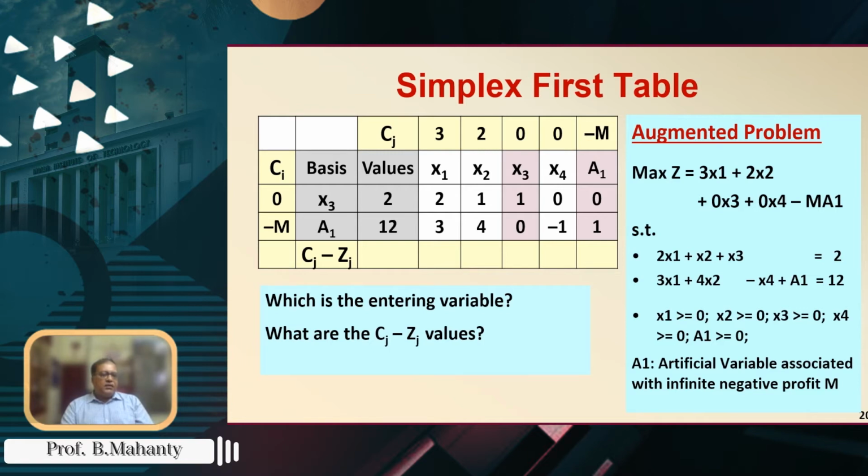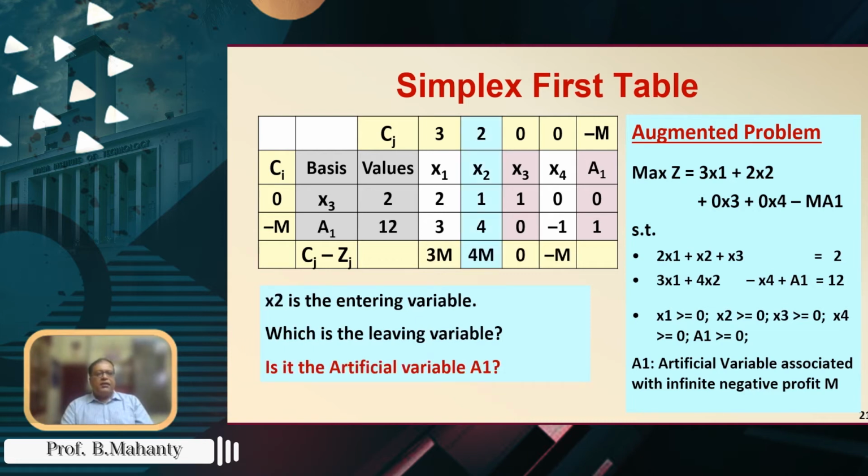Minus 3M, that is the Zj. So Cj minus Zj will be 3 plus 3M. And it is minus 4M, so Cj minus Zj will be 2 plus 4M. And for x4, Zj is M, so Cj minus Zj will be 0 minus M, so minus M. Alright, so those values are calculated here.